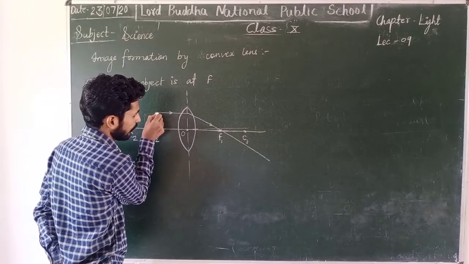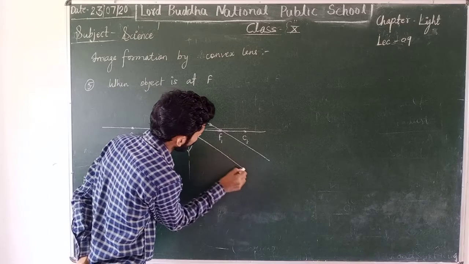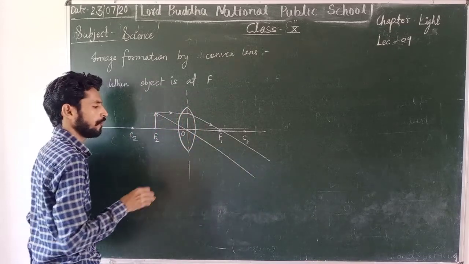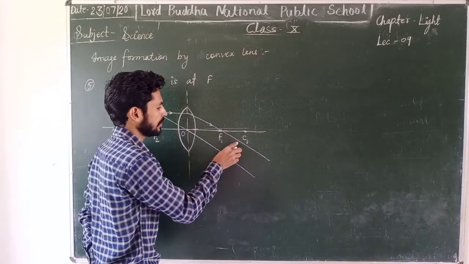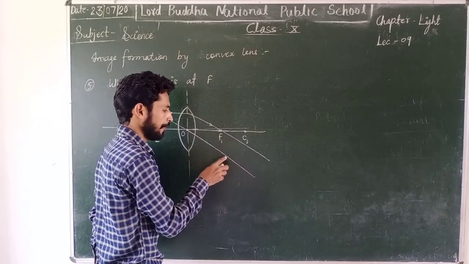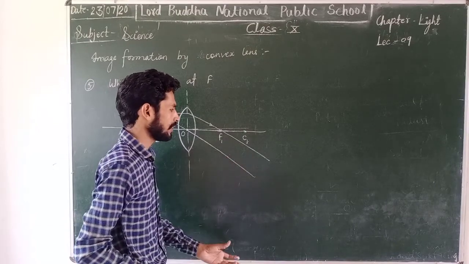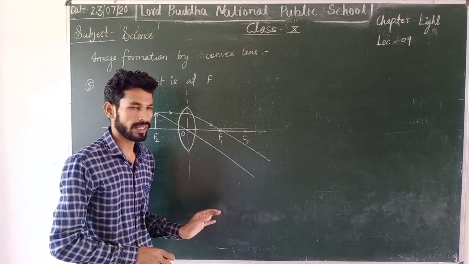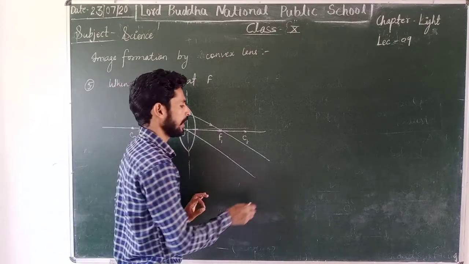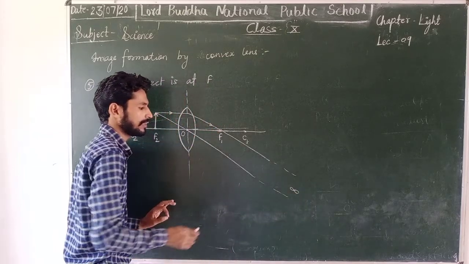And if any ray of light passes through the optical center, then without any refraction it will pass away. Now you can see here these refracted rays are parallel to each other, so we can say these lines will not intersect each other, so we can suppose that at infinity these lines will intersect each other.